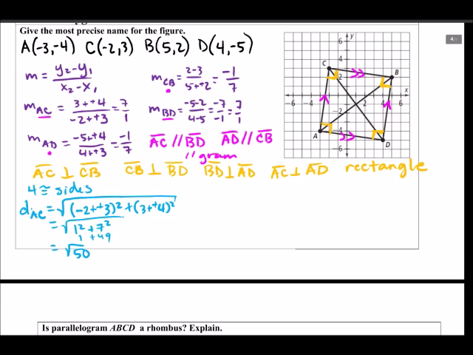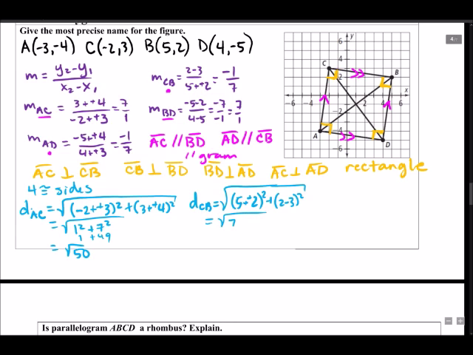And then I could do like CB, length of CB. So that is my x's 5 minus -2 squared, my y's 2 minus 3 squared. You can already see it's going to come out, can't you? 5 minus -2 is 7, the square root of 7 squared, plus 2 minus 3 is -1 squared.